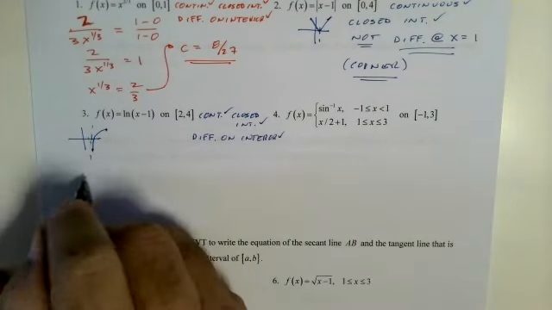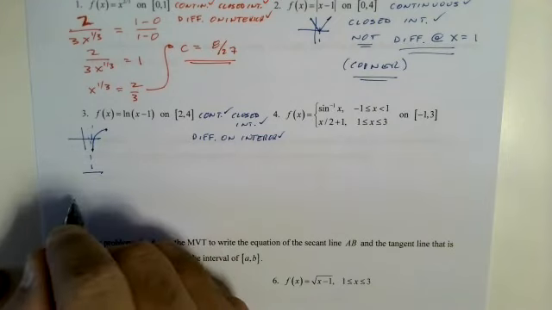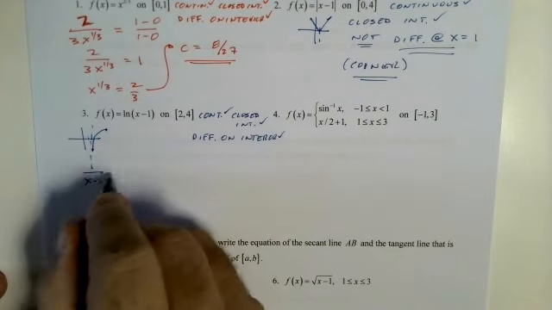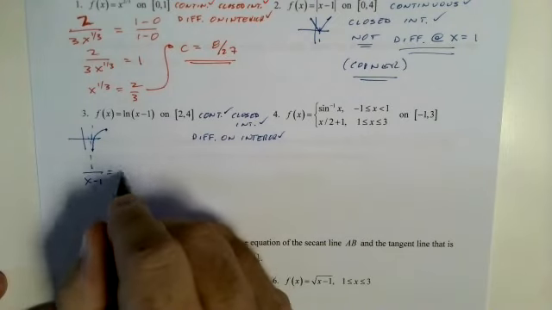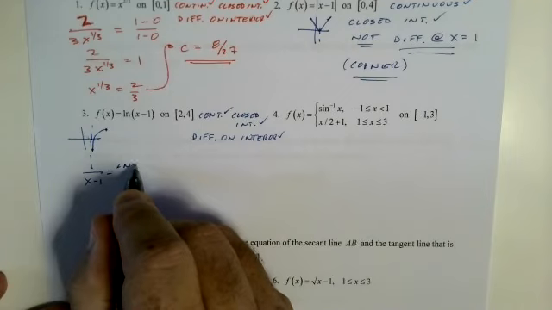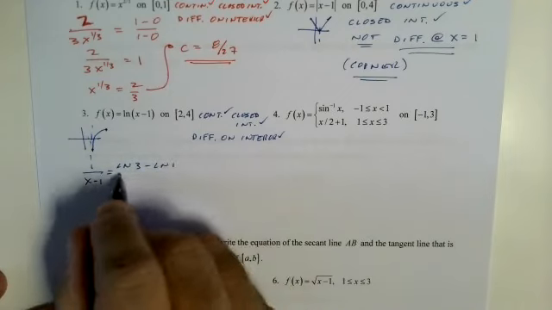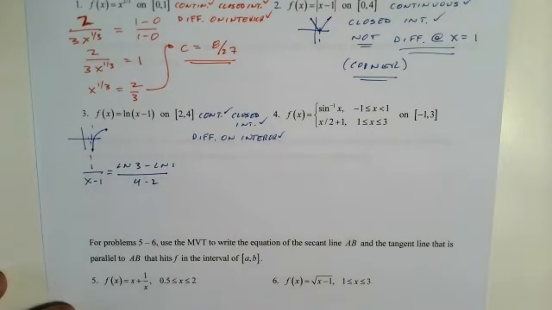So we go with the derivative, 1 over x minus 1, in general, there's nothing, equals ln of 3 minus ln of 1 over 4 minus 2.